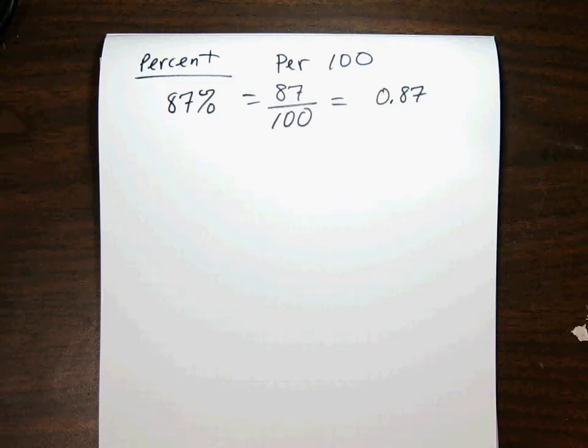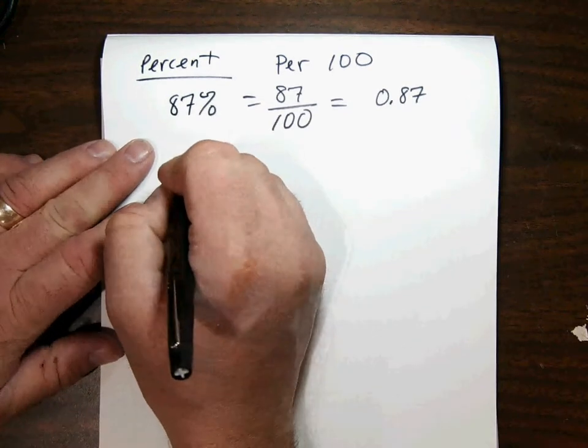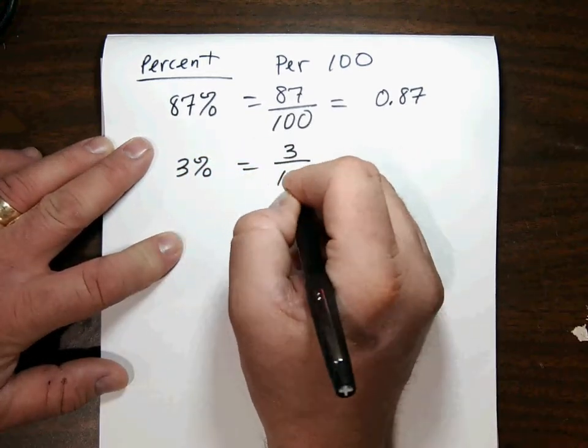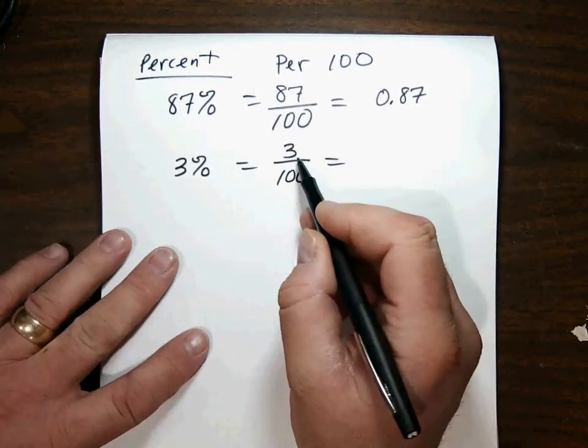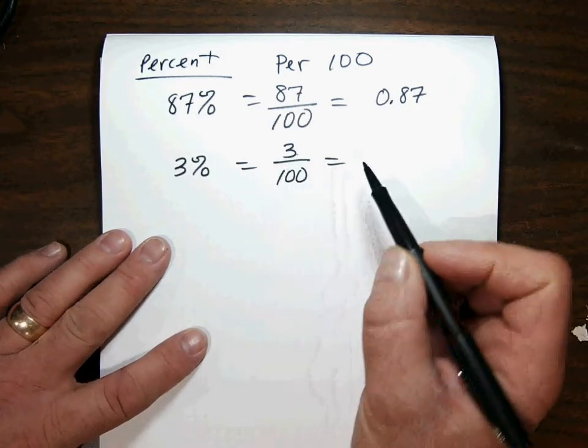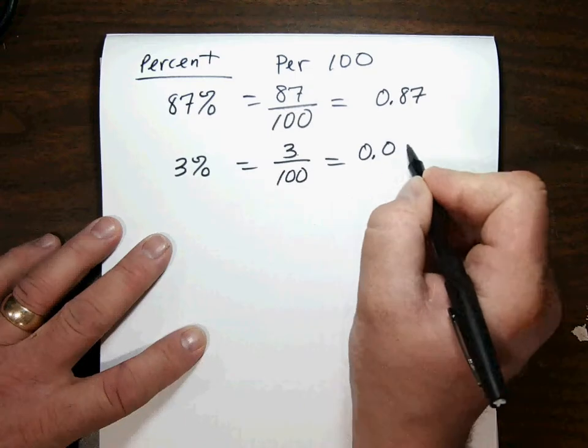Okay, all good there? What about something smaller like 3%? Well, that means 3 out of 100, and that means I've got to stop and think a minute now. The decimal's here, it's going to go 2 places to the left, 0.03.